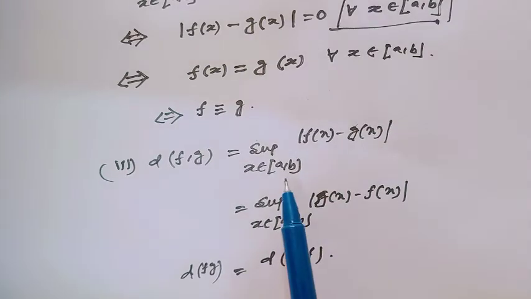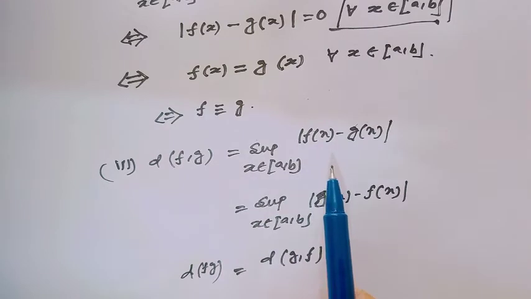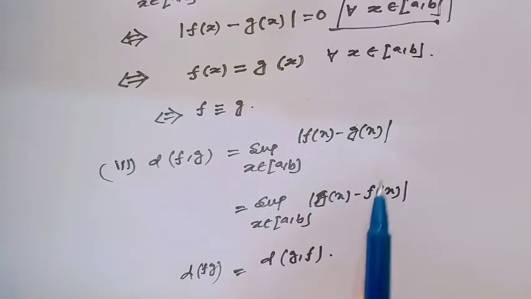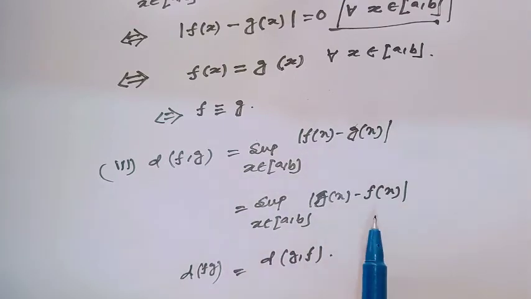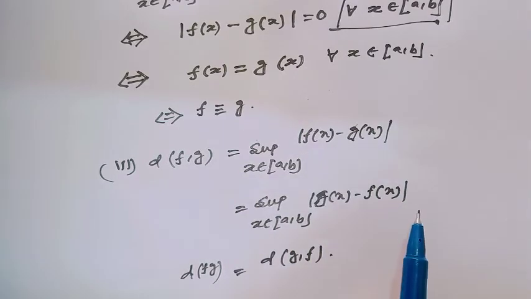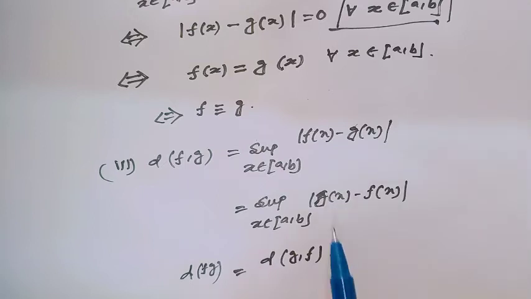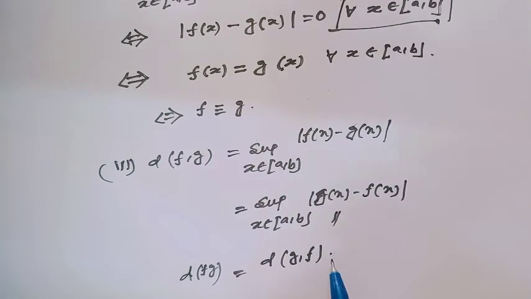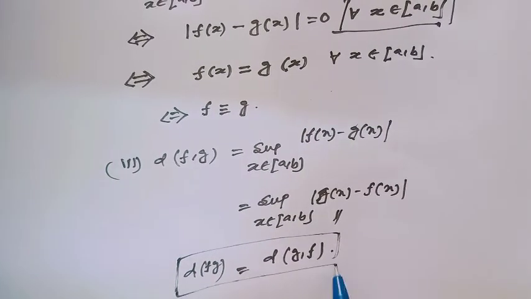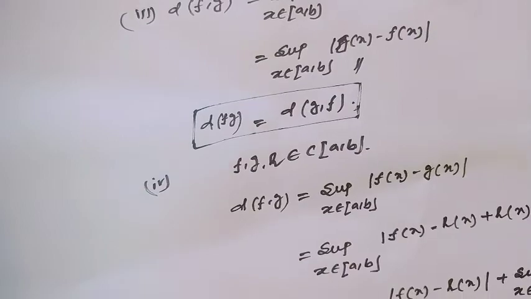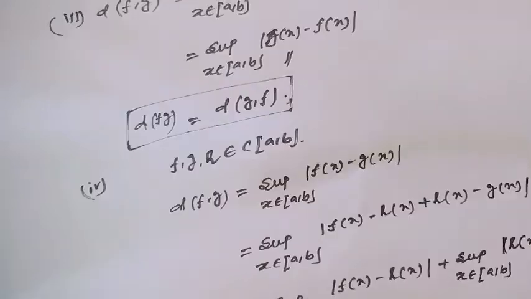That means the supremum of the absolute value of f(x) minus g(x) equals the supremum of the absolute value of g(x) minus f(x), and this is actually d of g comma f. That means d of f comma g is equal to d of g comma f. Obviously it will also satisfy the triangle inequality.